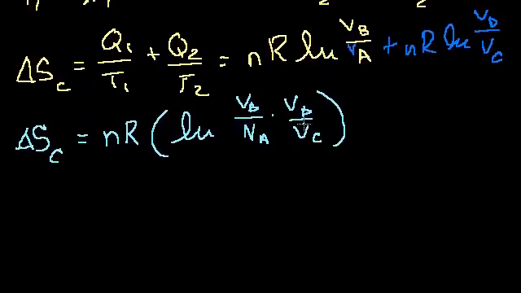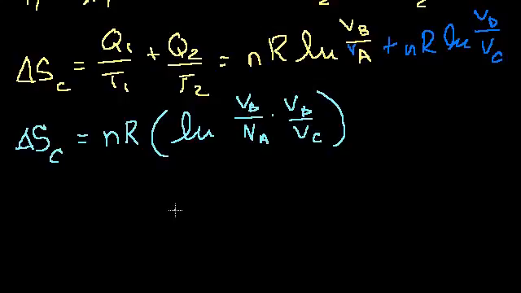Now, what if we divide the numerator and the denominator by vc? Let me think of the best way to say this. Let me take this expression here and multiply its numerator and denominator by vc over vd.